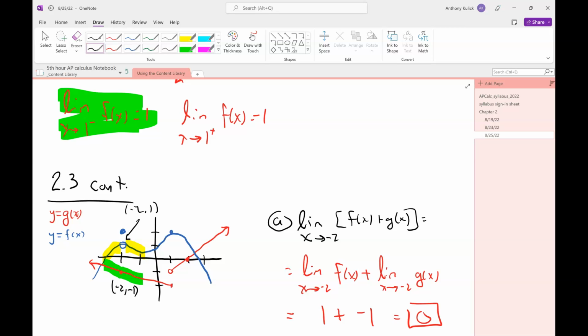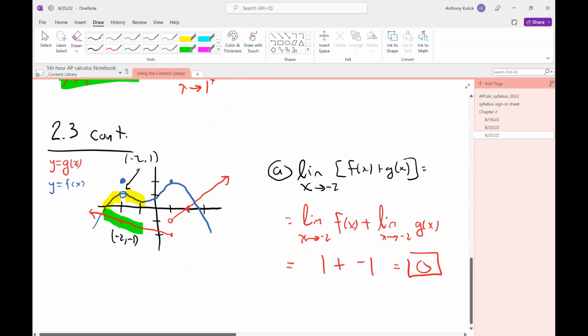Is -1 for g of x? Yeah. But why don't you use the point that doesn't have a line? Why didn't I use that point at -2? Okay, why did I ignore that point?